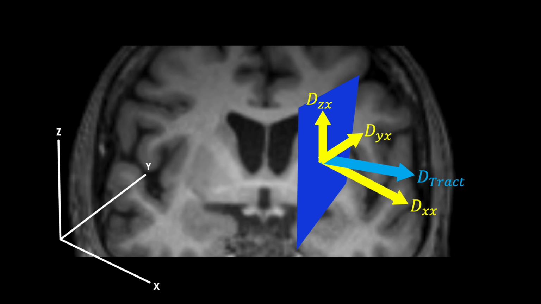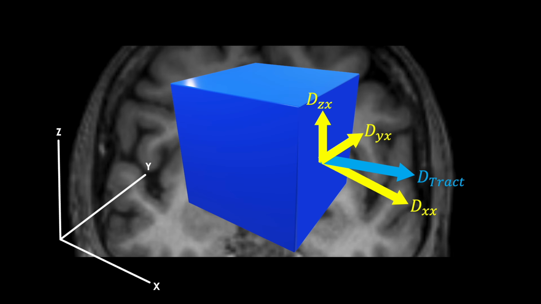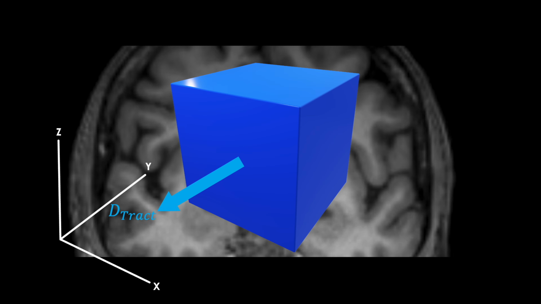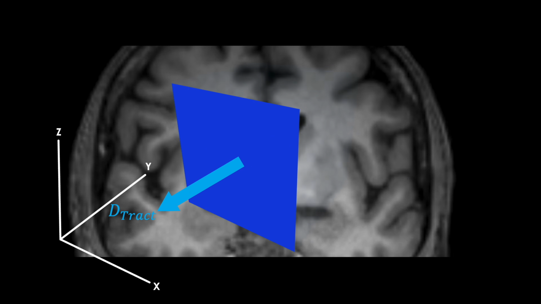But wait, is this the only surface we have on this cube? We actually have 6 surfaces, but only 3 of them are unique, the others are just repeats. So we have to do this for the 2 other unique surfaces. Let's now say this is the direction of diffusion along our tract, through the y surface.